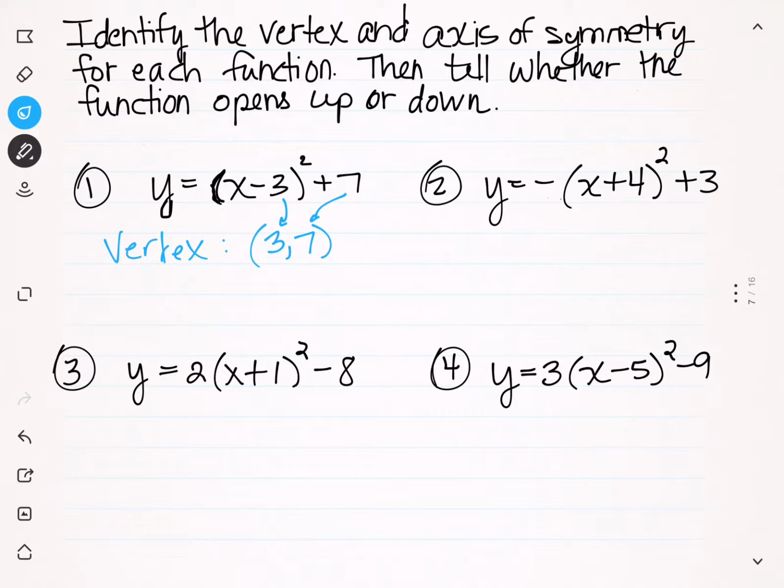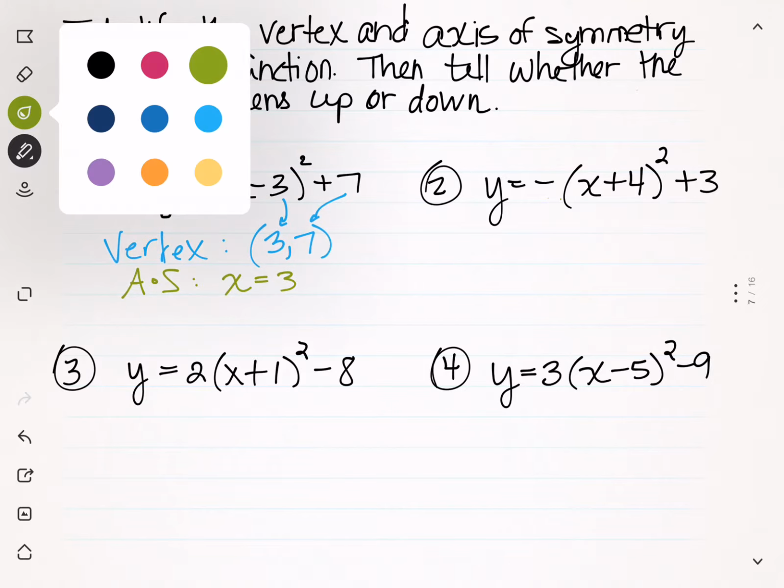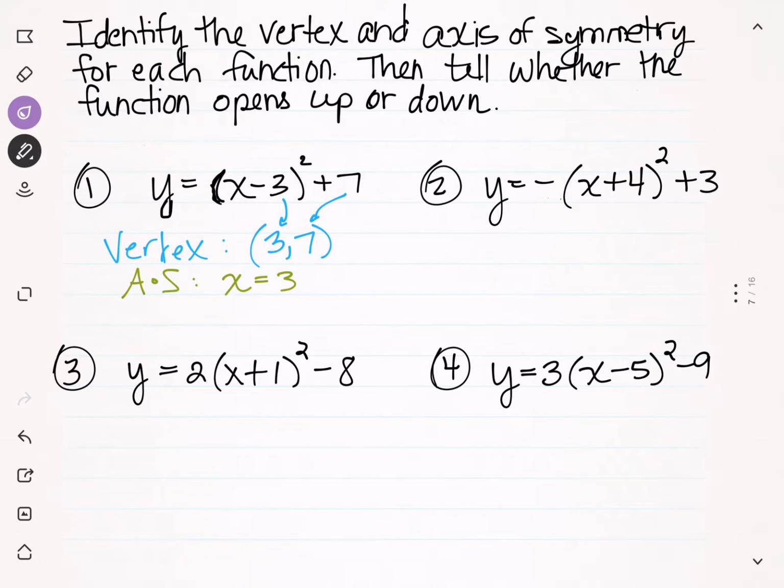Now our axis of symmetry is going to be going right through that vertex at the x value. So x is equal to our x value of our vertex. And then the value of a is a positive 1. We don't see the 1 there because there's no point in writing 1, but it is positive, so we know that the parabola is opening up.